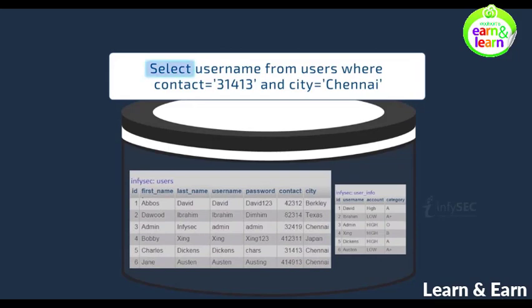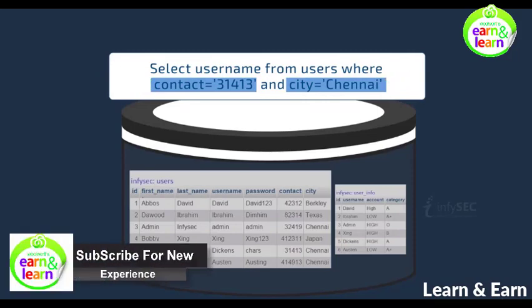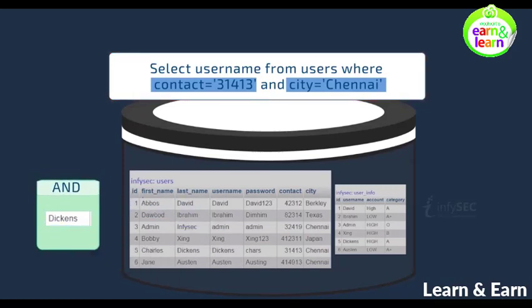In a select statement, the relevant data is fetched using either AND or OR logical operators. AND operator fetches a record only when both the conditions in an SQL query are true. For example, when an AND operator is used in this select statement, it fetches records of users who have both given contact number and the city as that of the user input.